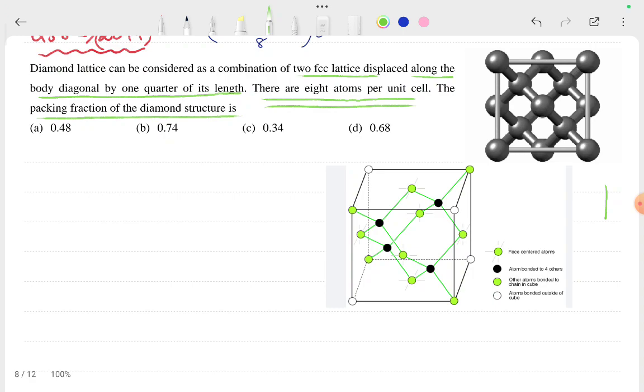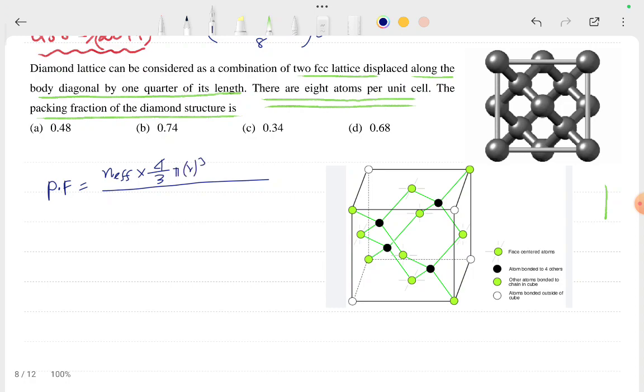As you know, the definition of packing fraction. What is the definition of packing fraction? N effective into the volume of one atom.